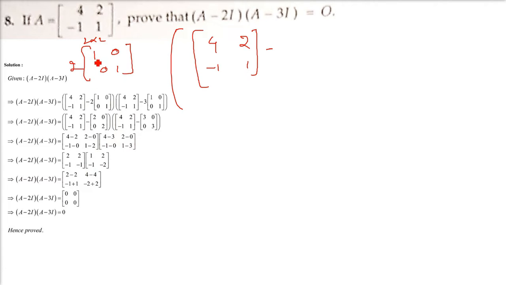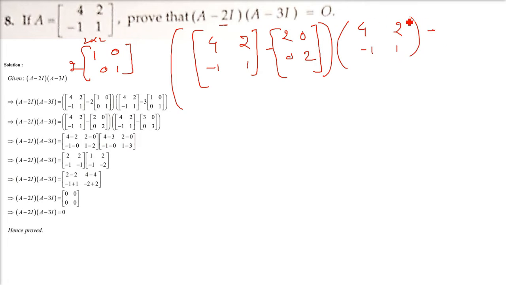Twice is multiplying this with 2, so 2 0 0 2. Then we have A again, that is 4 2 -1 1. And now you have to multiply I by 3, so you get 3 0 0 3.